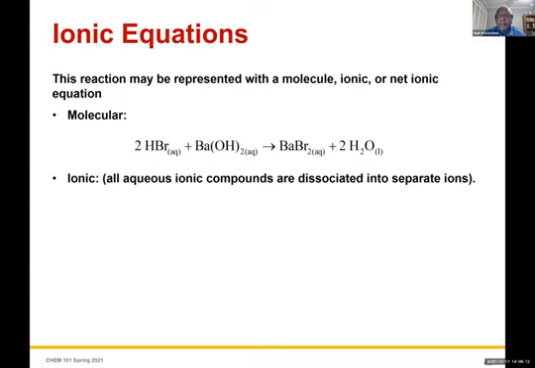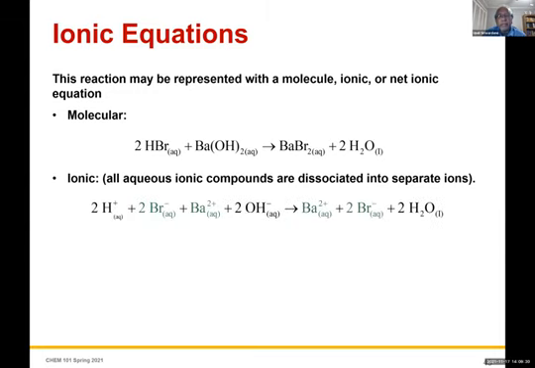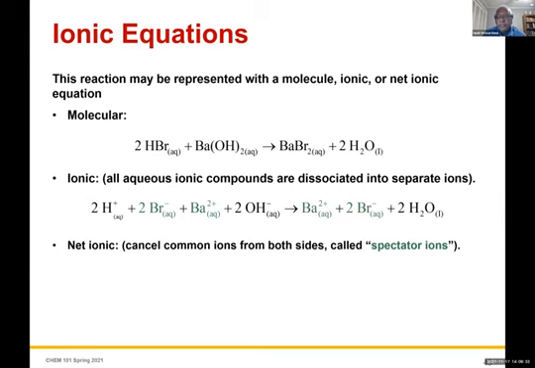All the ionic compounds are dissolved into separate ions. Only aqueous species can be broken up into ions. This is the ionic equation. The spectator ions are ions that are found on both sides, bromide and barium. So they are spectator ions.